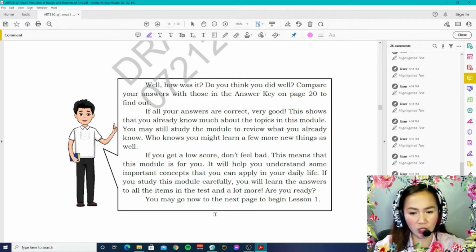It will help you understand some important concepts that you can apply in your daily life. If you study this module carefully, you will learn the answers to all the items in the test and a lot more. Are you ready, grade 10? You may go now to the next page to begin lesson 1.